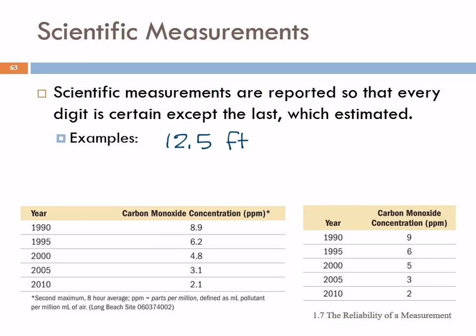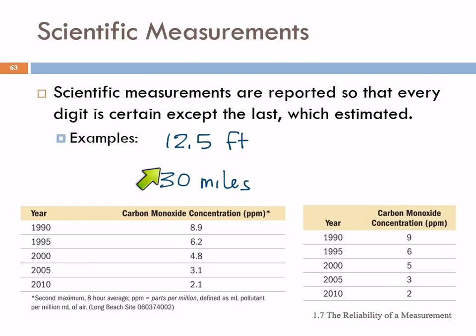And we always express our measurements based on the device that we made them with, so that we communicate to other people that, oh, this is an estimate, or no, I measured this very precisely. The distance from my house to Fresno City College is about 30 miles. So if I was going to write that, I would write 30 miles.